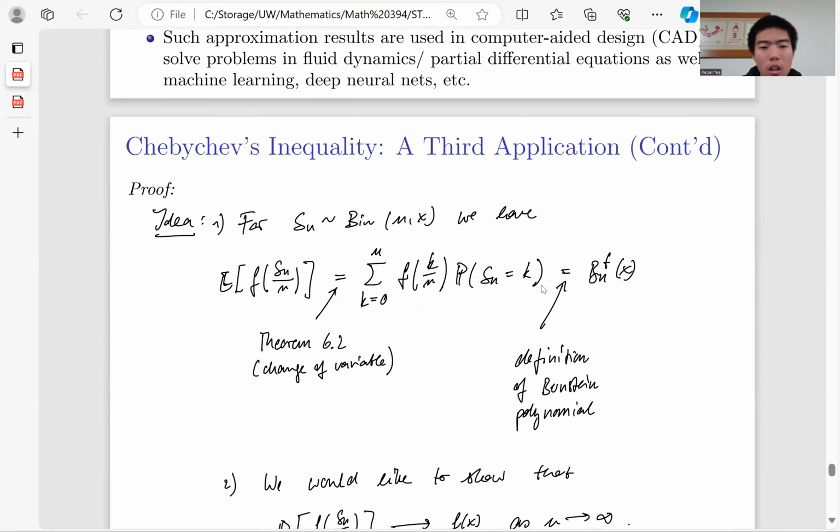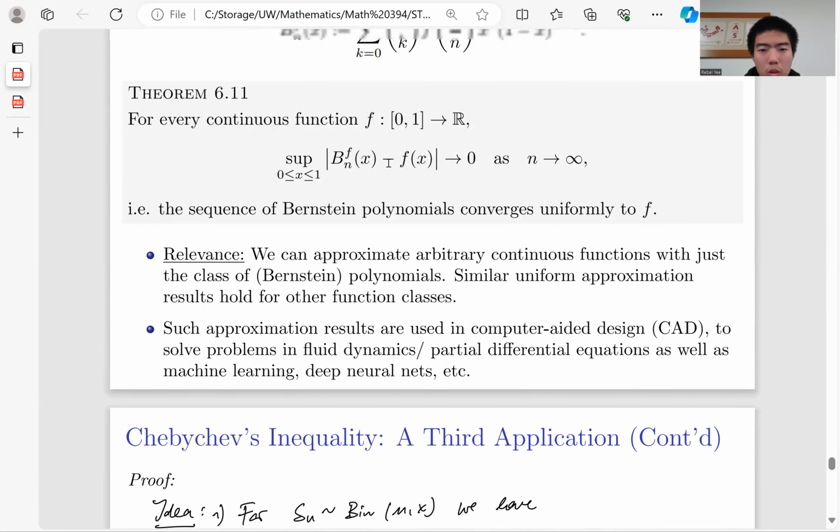The idea is that because we're showing those two terms are close to zero, we can use inequalities like Chebyshev's inequality or even Markov's inequality. It goes to zero when n is infinitely large, which means it's deviating from its expected value by a very tiny amount.